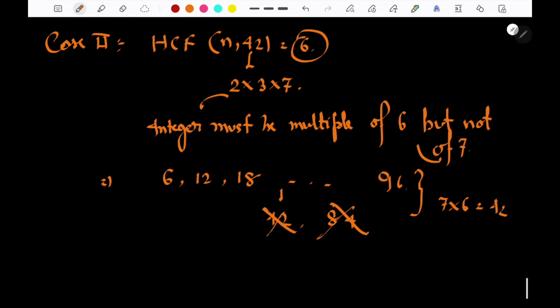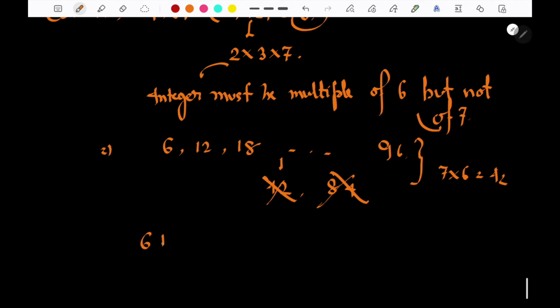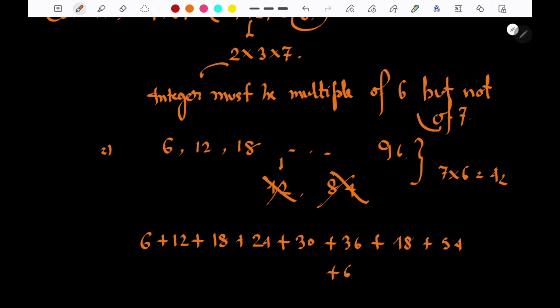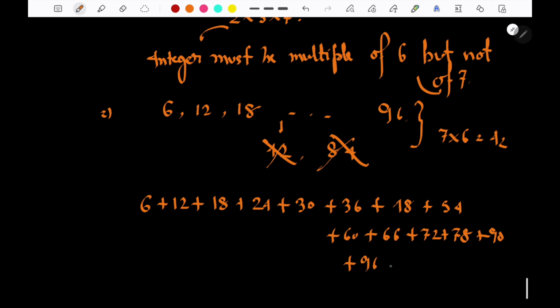So in total, if we start adding, this will be 6, 12, 18, 24, 30, 36, 48, 54, 60, 66, 72, 78, now no 84, this will be 90 and plus 96.